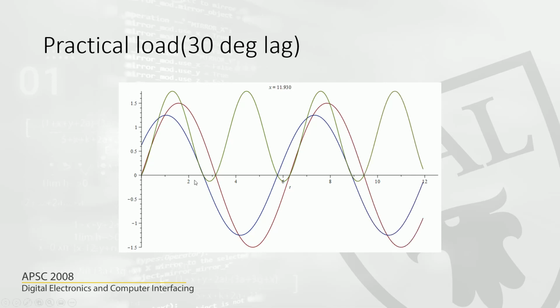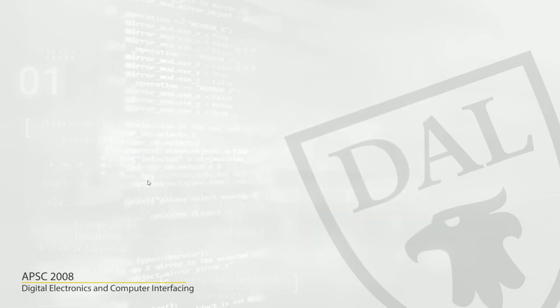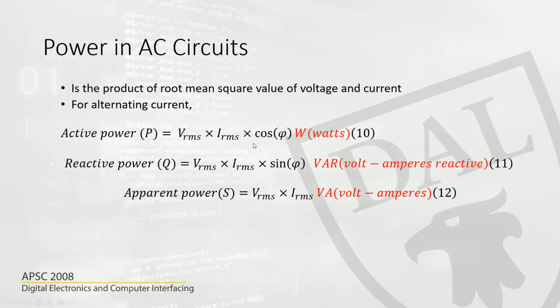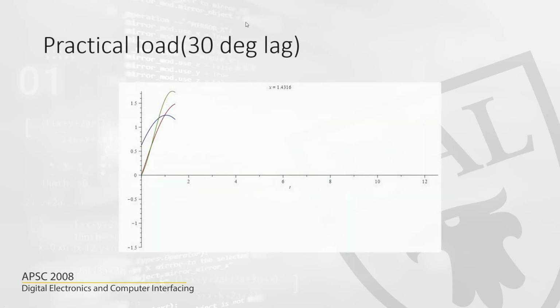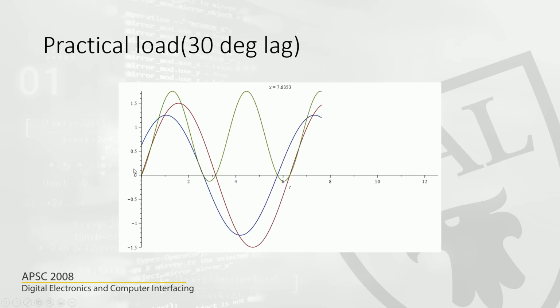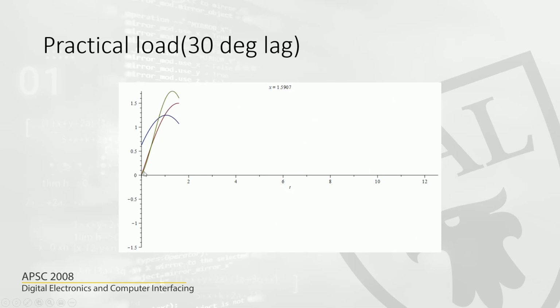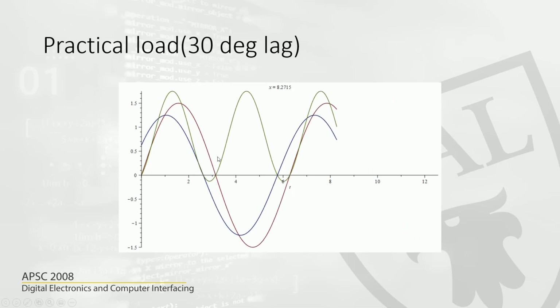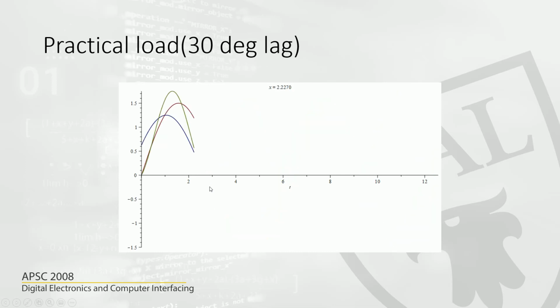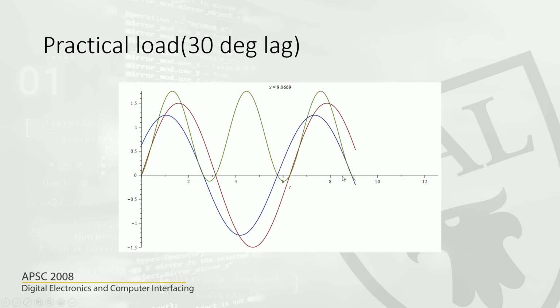But if there is a motor, it'll be something like that. It'll be like 30-degree lagging. So that 30-degree lag of current will produce, say, this actual power graph. And if you see, there is a small power that oscillates back and forth. And this is the power that is being wasted.